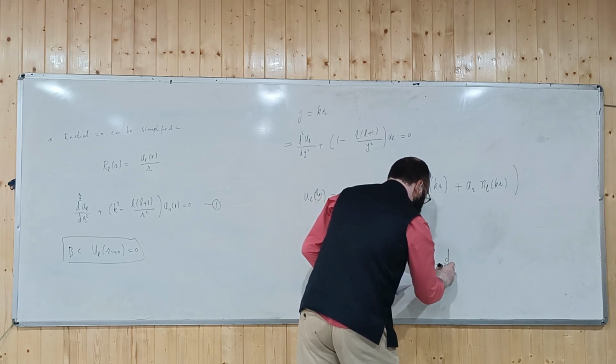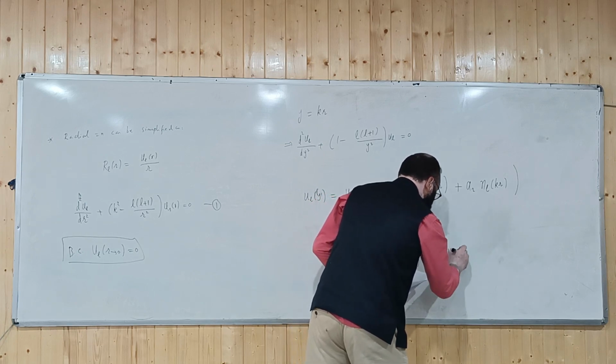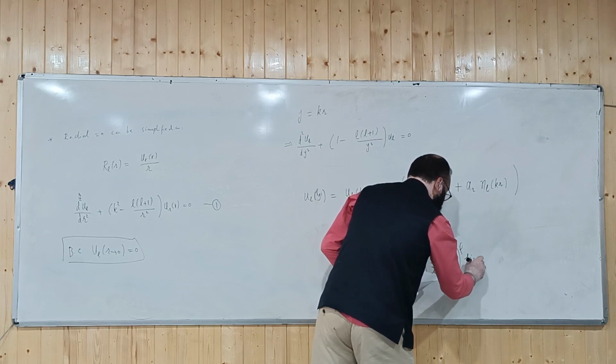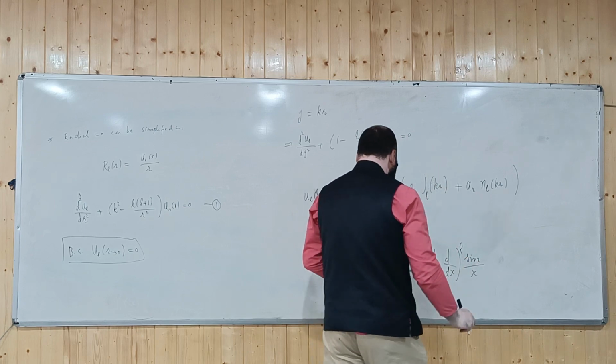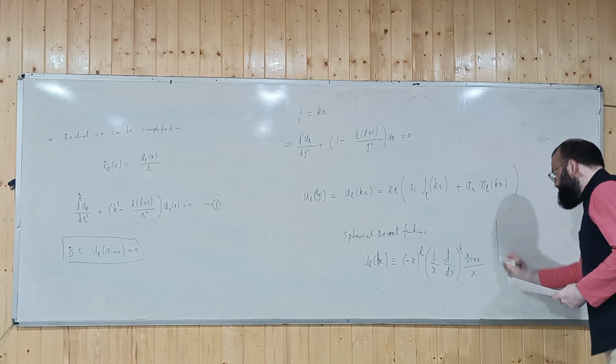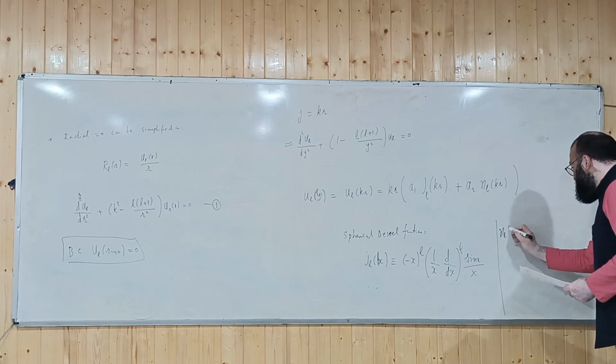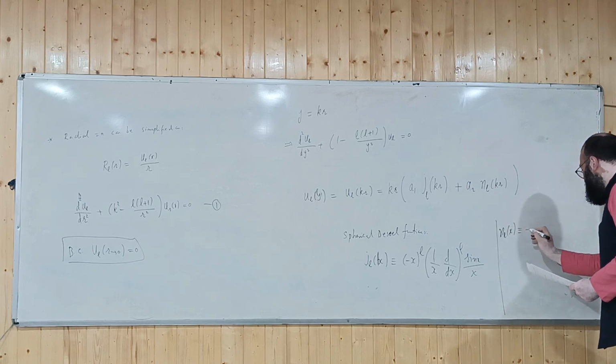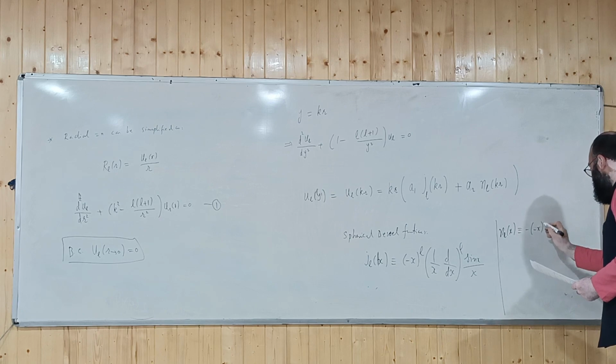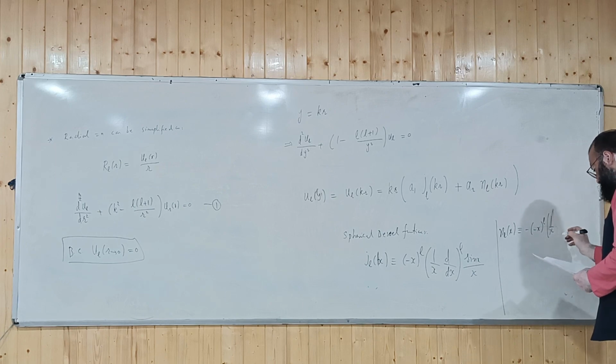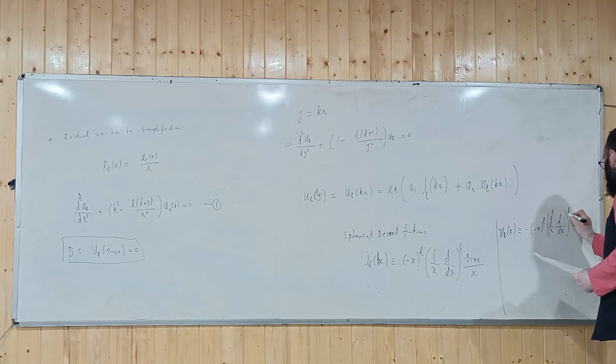Have you seen this equation in our mathematical physics course? Yes. And this n_l(x) is simply equal to -(-x)^l (1/x d/dx)^l cos x / x.